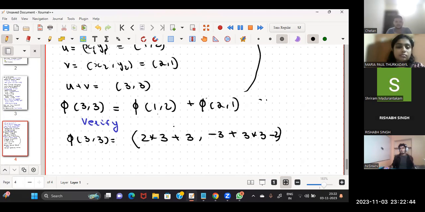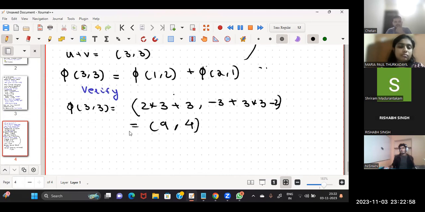We are getting 6 plus 3, that is 9, comma, minus 3 plus 9, that is 6, minus 2, that is 4. So (9, 4). Let's check for phi of (1, 2) plus phi of (2, 1) as well.